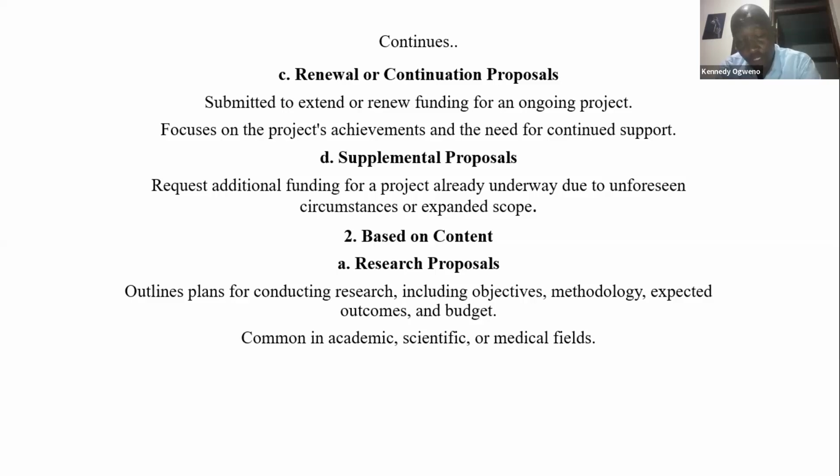Now, just to talk about the quantitative in terms of methodology, we've got different types of research methodology that you can apply in quantitative methods. For example, at times you can write a cross-sectional study design.